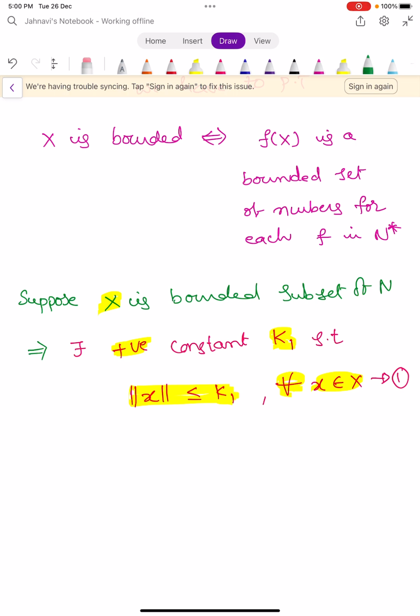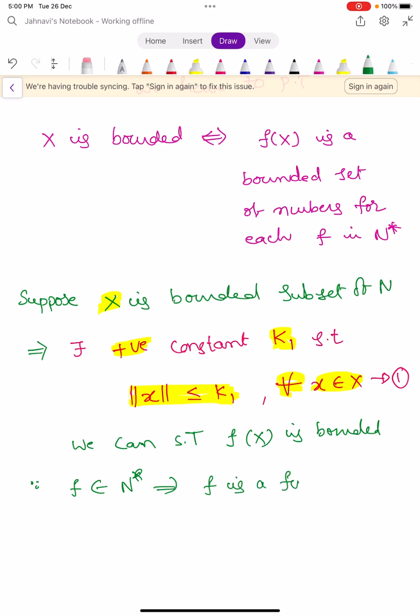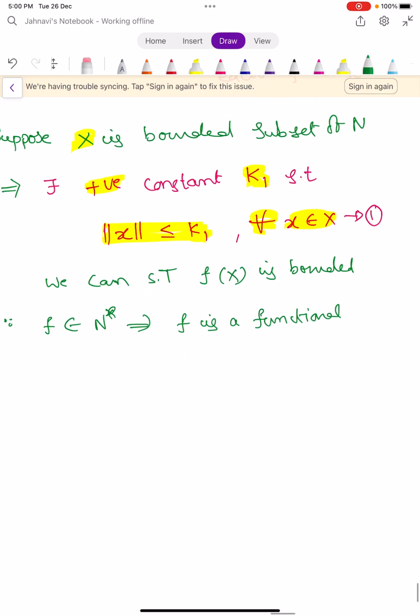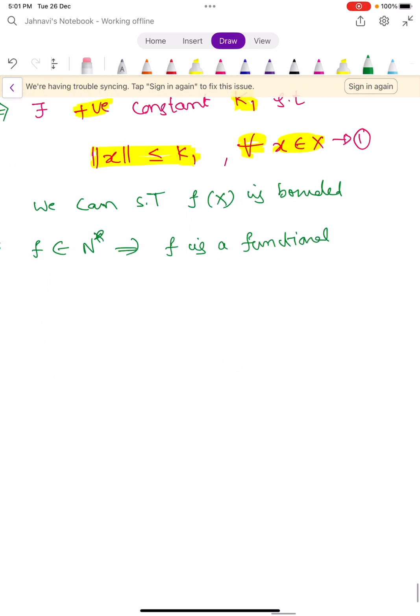Now we can show that f of X is bounded. Since f belongs to N star, f is a functional. Conjugate space means it is a functional space. Every functional is bounded.